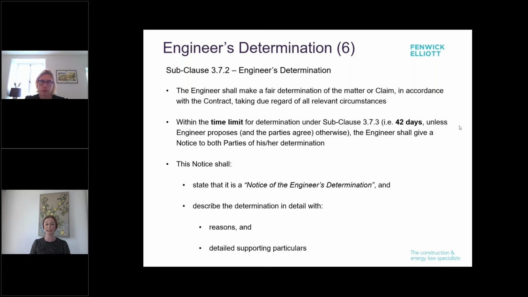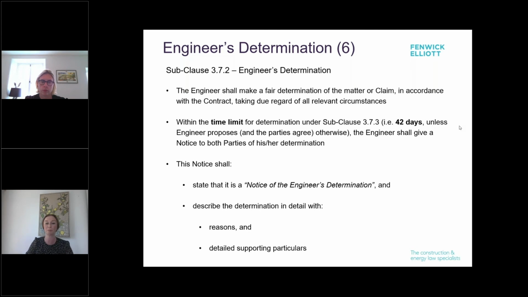So it's doubled to 84 days in total, whereas under the 99 version of the Yellow Book, the engineer was obliged to consult the parties and also to make the determination within one 42-day period. So this can be viewed negatively in that it lengthens the overall procedure for resolving disputes. It adds at least 42 days onto that.